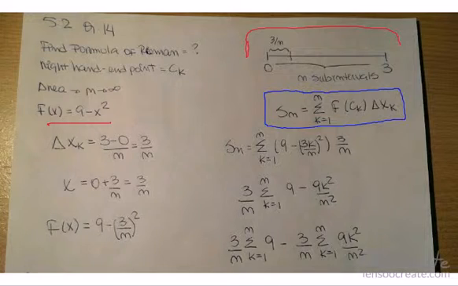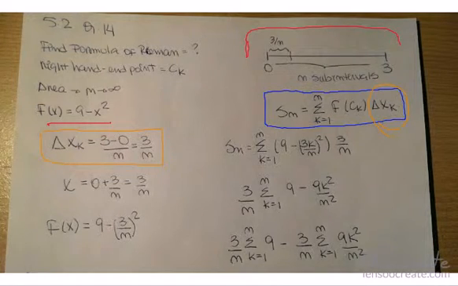The first part that I was looking for was delta x. For that, we know it's the end point minus the start point divided by the number of subintervals. So that's what I did over here, and with that said, I knew each interval was going to be 3 divided by n.